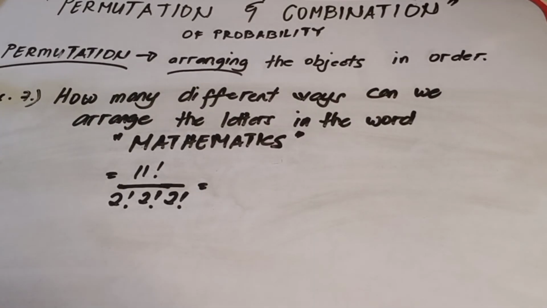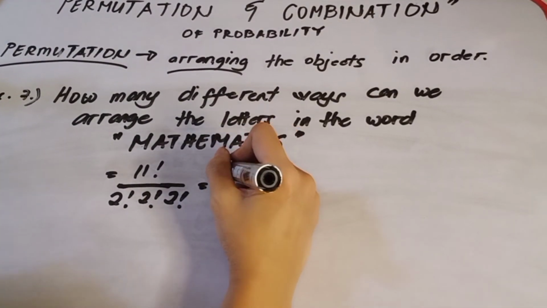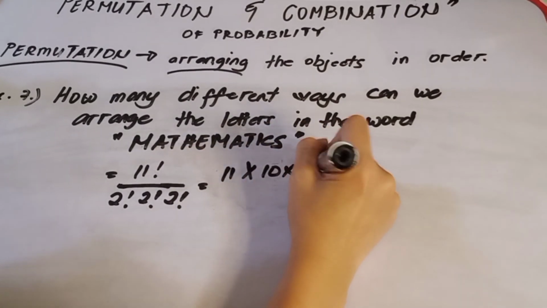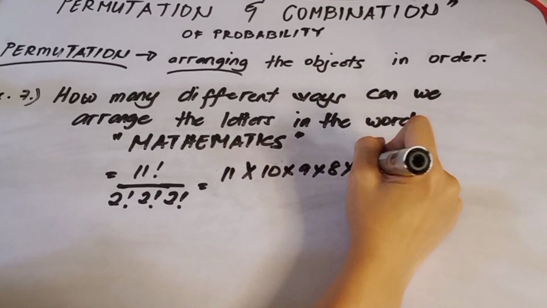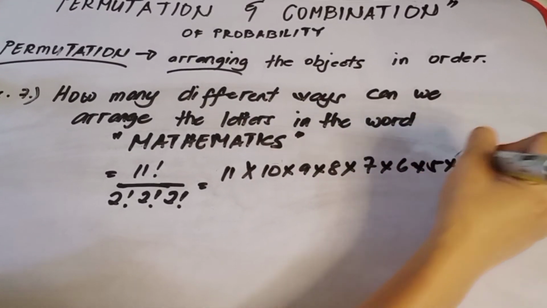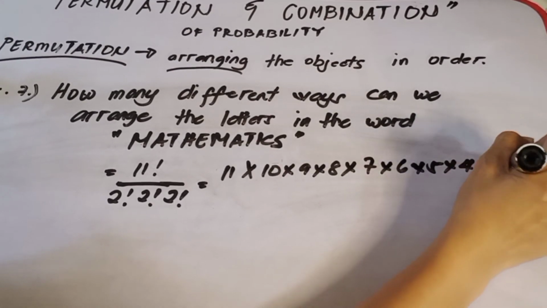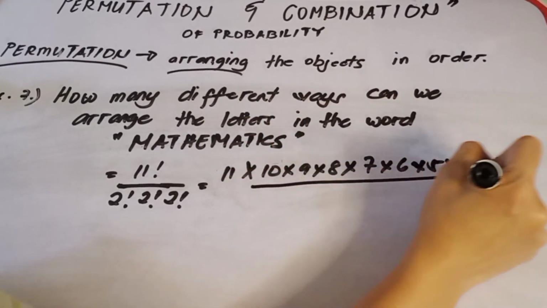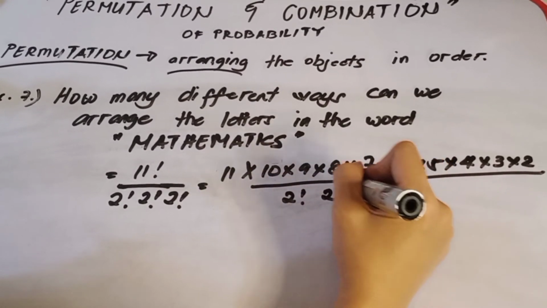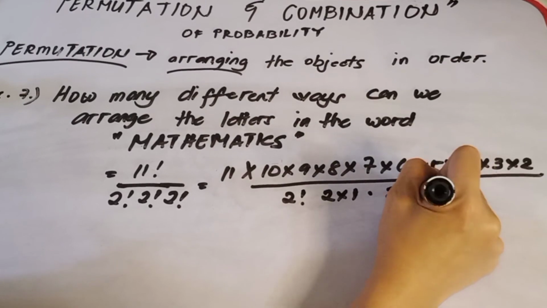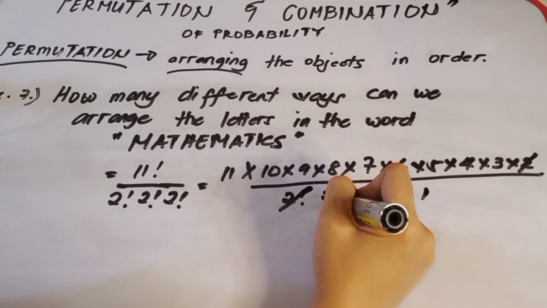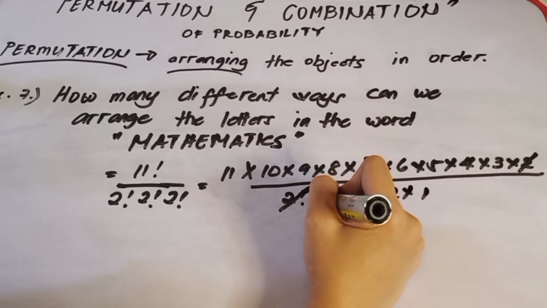Alright, so to simplify our answer, 11 factorial, that is 11 times 10 times 9 times 8 times 7 times 6 times 5 times 4 times 3 times 2 over 2 factorial, 2 times 1 times 2 times 1. Okay, so let's just cancel the 2 factorial, 2 factorial, 2 times 2, that is 4.